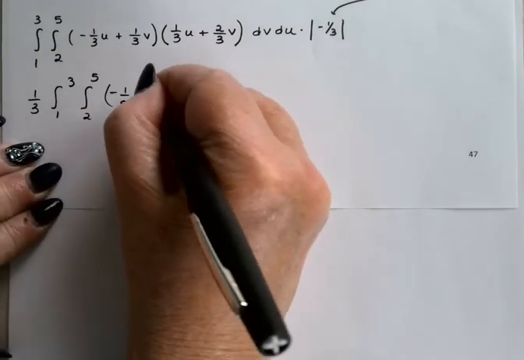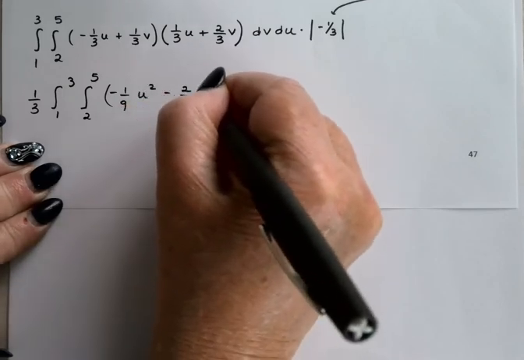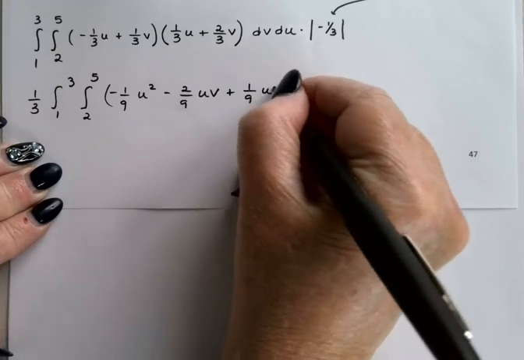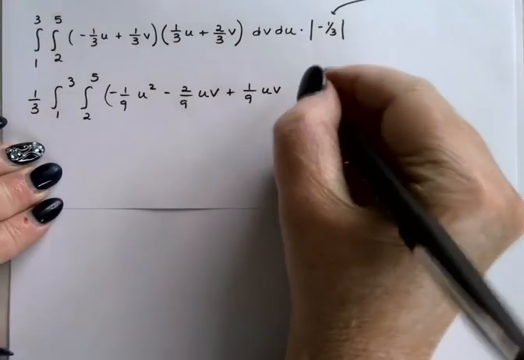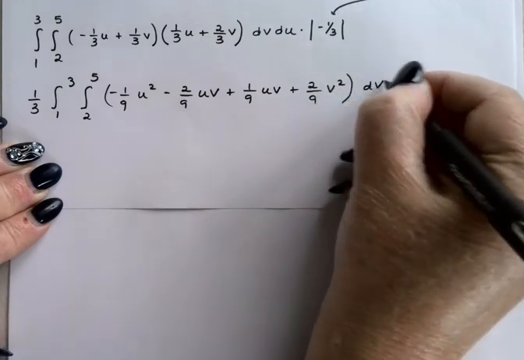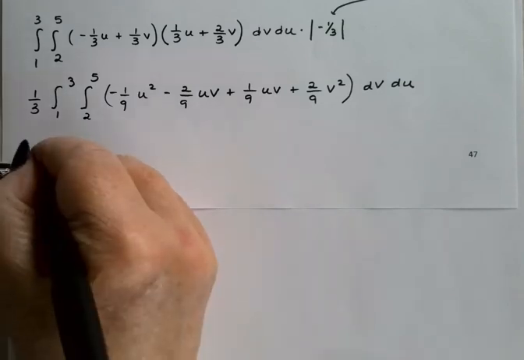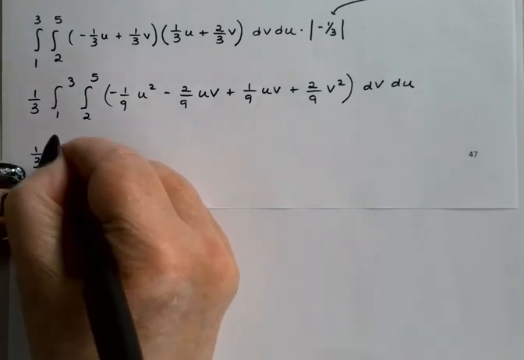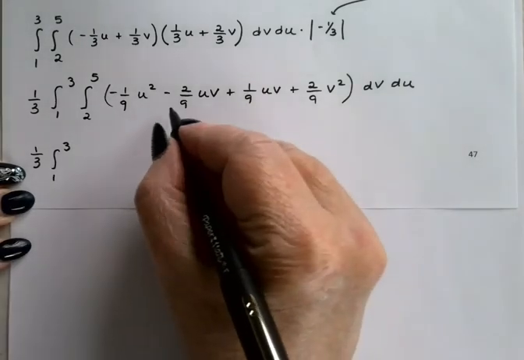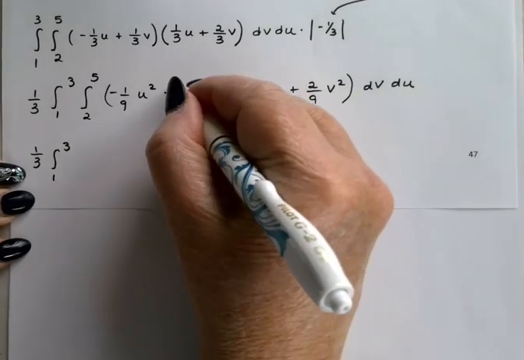Negative 1/9 u squared. Outers would be a negative 2/9 uv. Inners would be a positive 1/9 uv. And the last would be a positive 2/9 v squared. Let's see, I could go ahead and take these two terms and put them together.